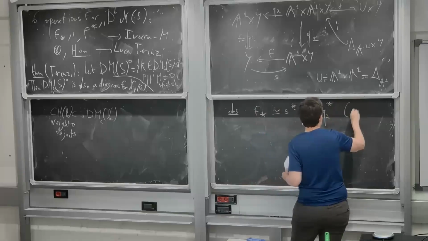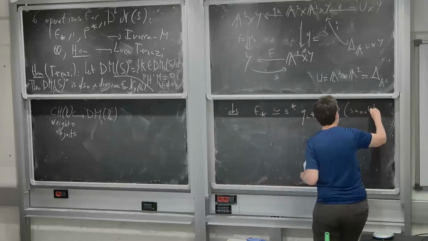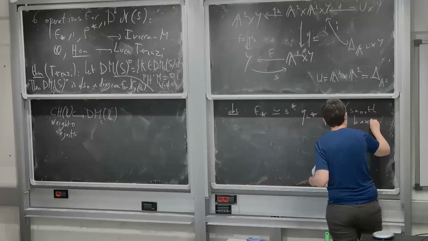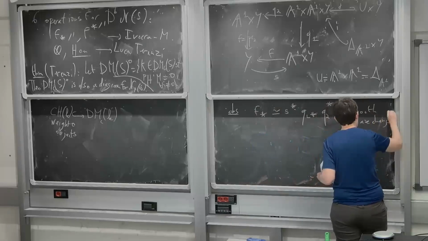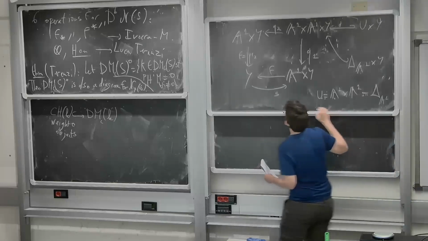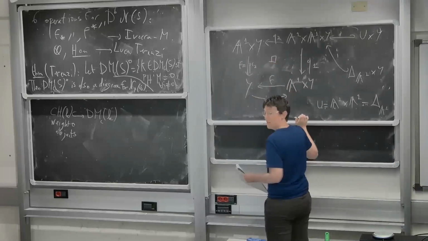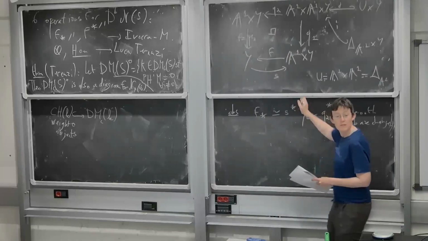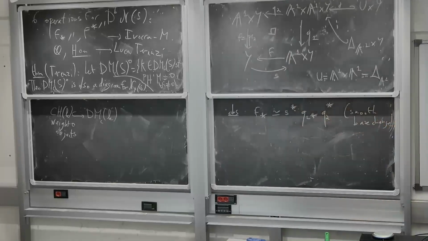So this is smooth base change, because you do smooth base change here in this Cartesian diagram. Okay, or do you want me to detail that calculation or no?